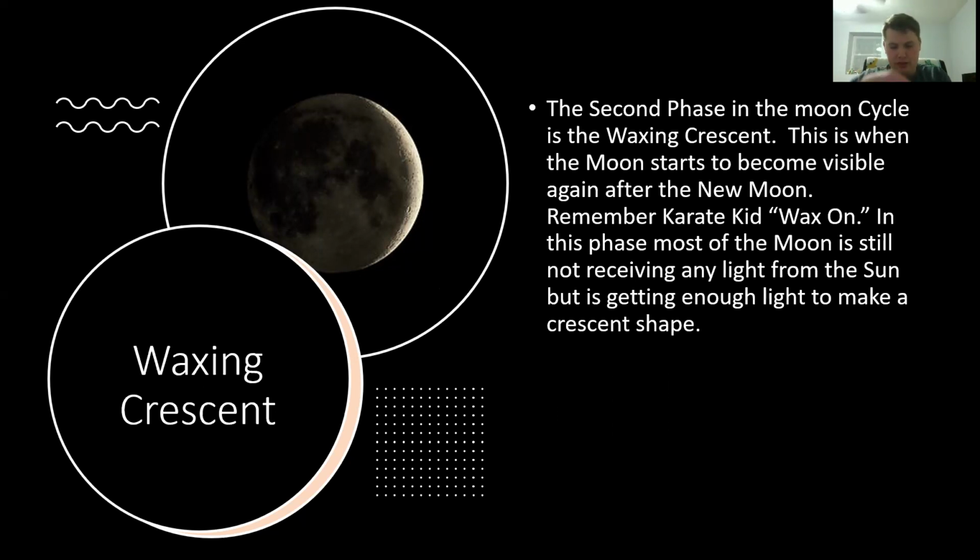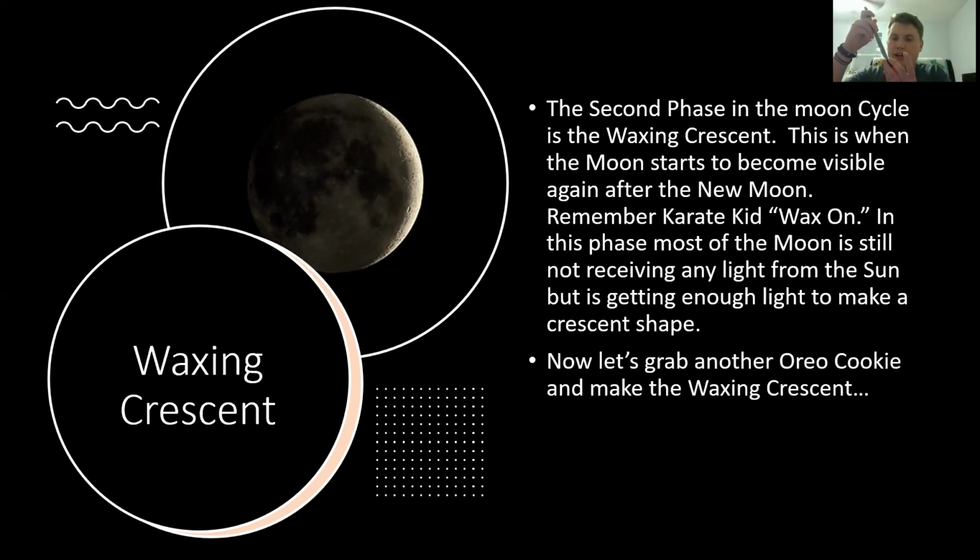So let's get our second cookie here. Let's take the top off, throw that side off to the side, and let's get our knife. And let's cut a little. I don't know if you guys can see this or not. Cut a little right there.